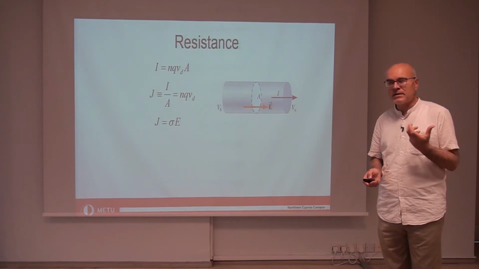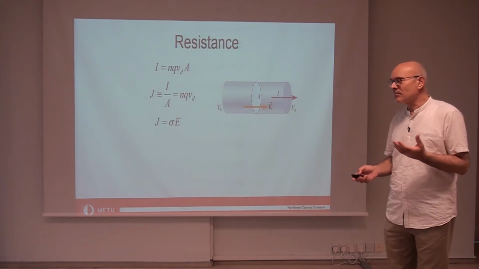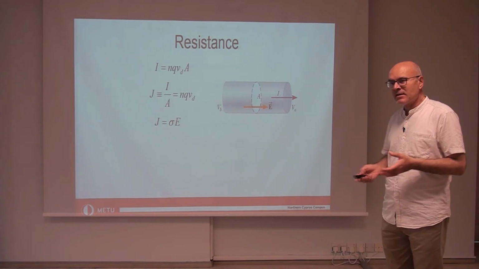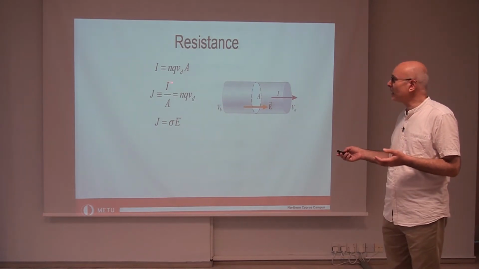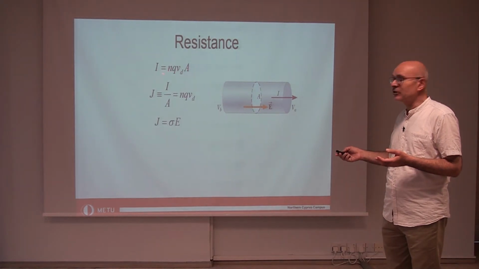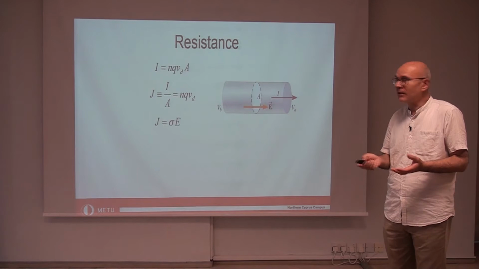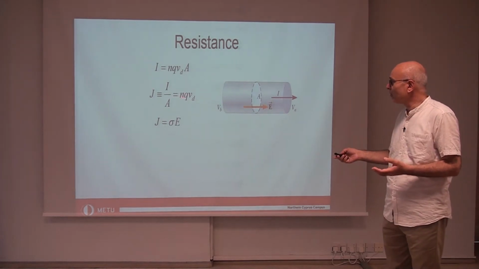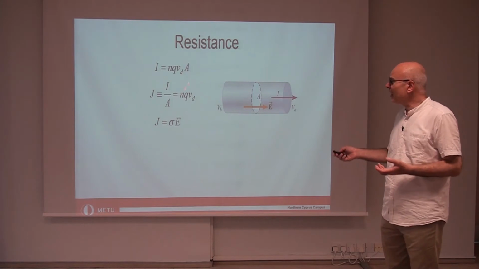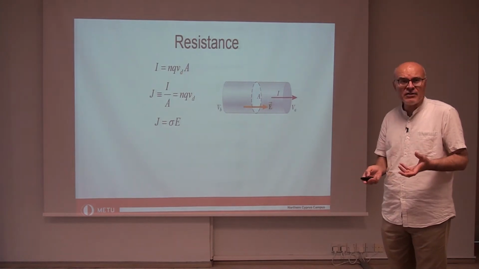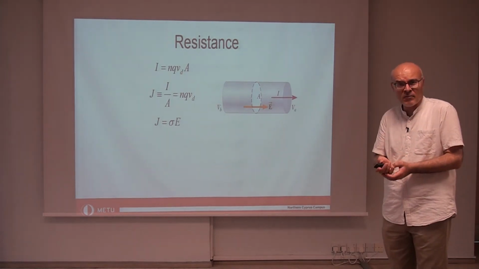The reason is very simple, because this is your current, okay? Now you cannot change Q, you cannot change A, you cannot change n. These are given for a material. You cannot change these two. For a given conductor, these are given. The only thing you can change is v_d, and this changes why? Because of the electric field that you are applying.